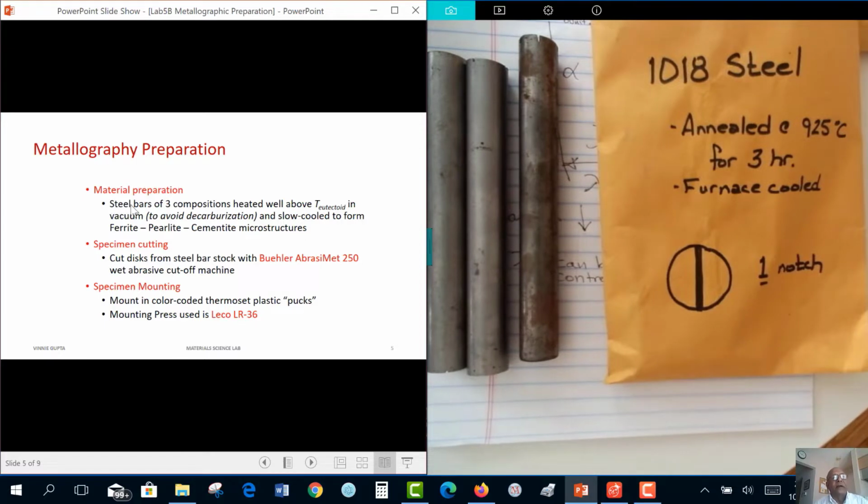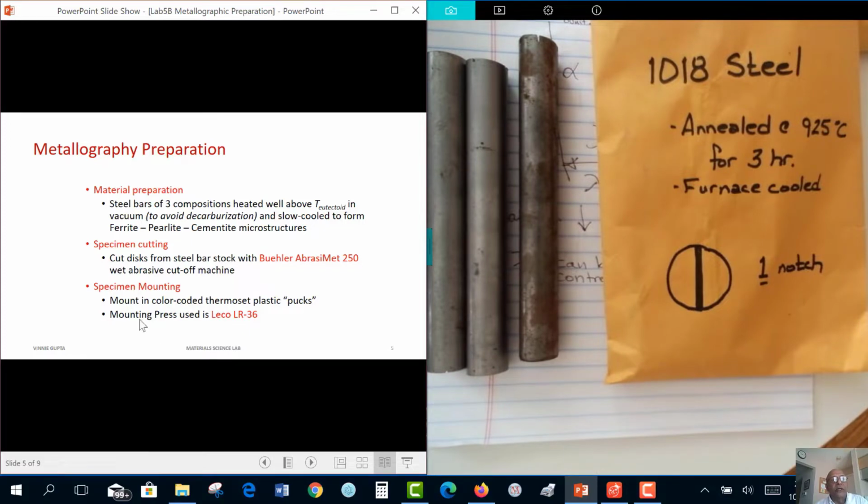So as I said, we have steel bars, 3 compositions, heated well above the eutectoid temperature, and then slow cooled to form ferrite, pearlite, etc. microstructures. Next, we are going to cut the bar, a small, penny-sized plate.